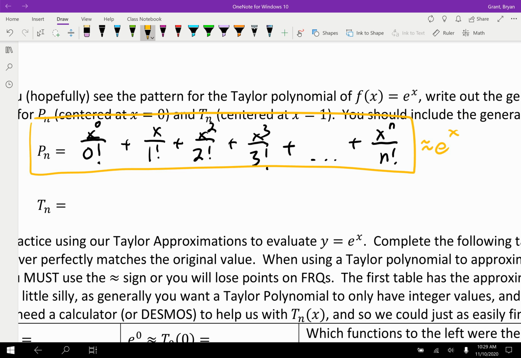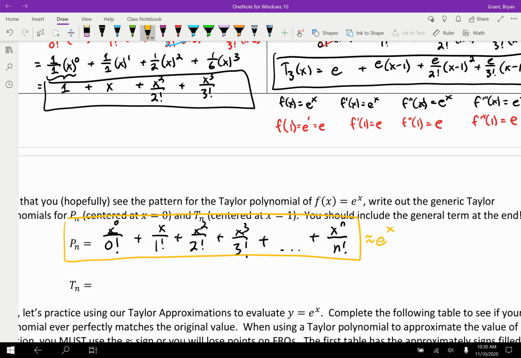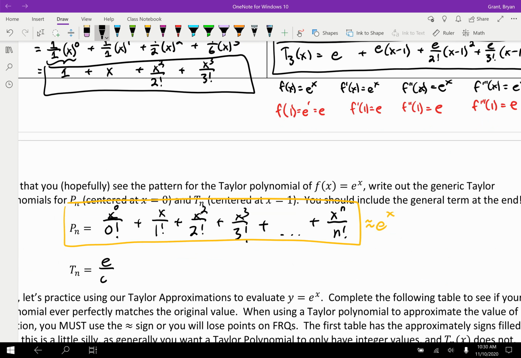T sub n, this one's a little trickier, but it's nothing too bad. I'll do this one in red, and I'll do it in black. Why not? So we have e over 0 factorial plus e times x minus 1 over 1 factorial. And then hopefully we can start to see the pattern. e times x minus 1 squared over 2 factorial, e times x minus 1 cubed over 3 factorial.